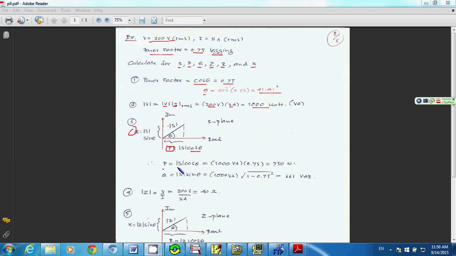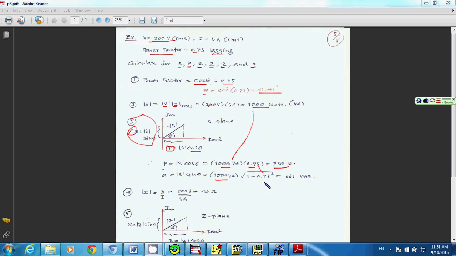So your P is equal to the magnitude of S multiplied by cosine theta. So you multiply 1000 by the power factor, which is 0.75. This gives you 750 watts. Your Q is equal to what? The magnitude of your S multiplied by sine theta, which is 1000 multiplied by sine theta, which is the square root of 1 minus cosine squared, right?